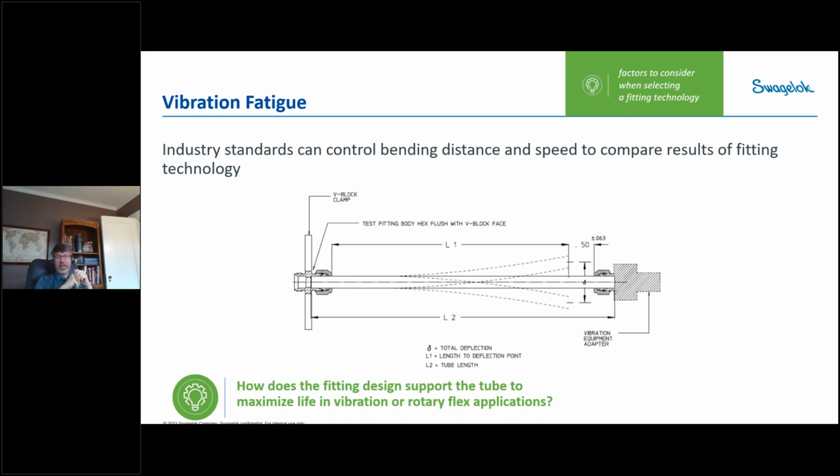But what we're testing here is how well that fitting is supporting the tubing on the stationary side. We measure how long this lasts, and different fitting technologies last different lengths of bends, different amounts of bends. So when looking again at what we want to use for a particular system, we want to say, how well is that tubing supported within the fitting so that it'll withstand the most vibration before it fails.